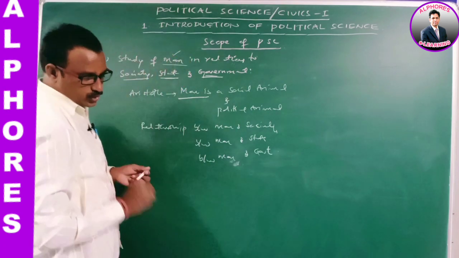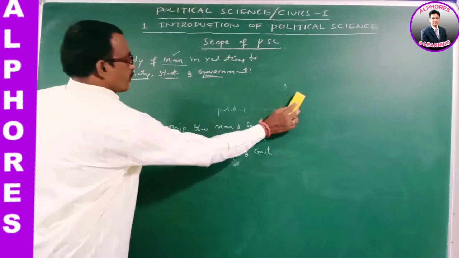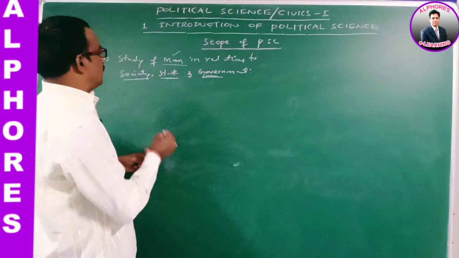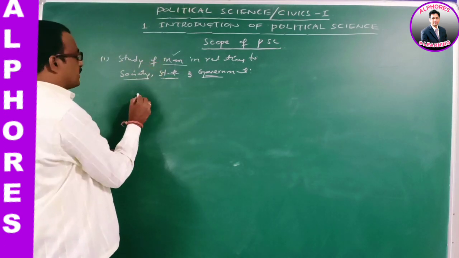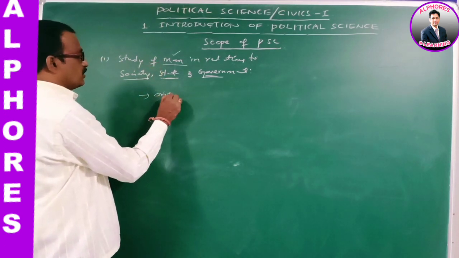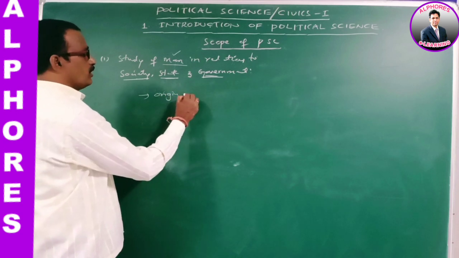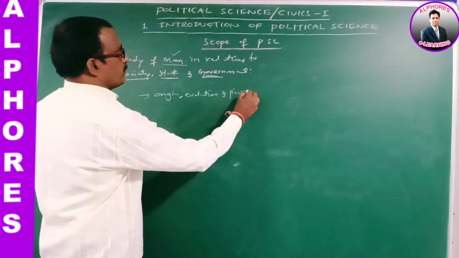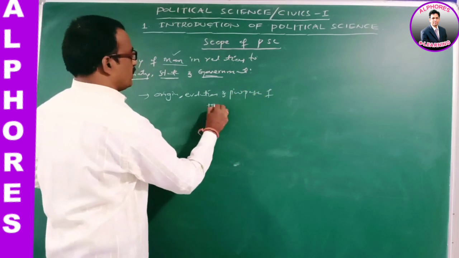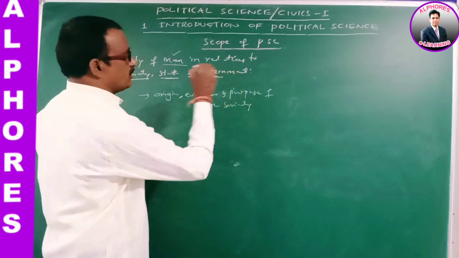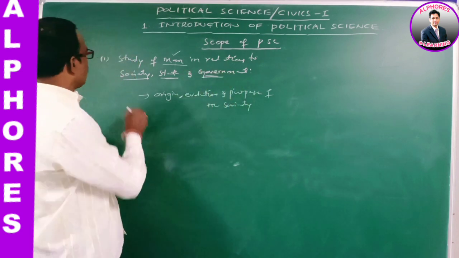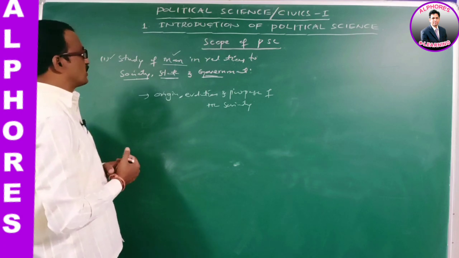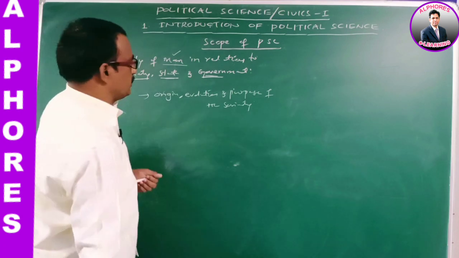Political science also explains origin, evolution and purpose of the society. Okay, the political science explains what? The origin, evolution and purpose of the society. It is about the first one, the study of man in relation to society, state and government.